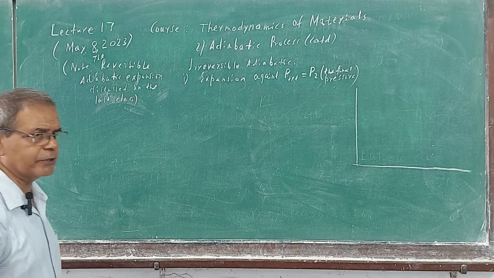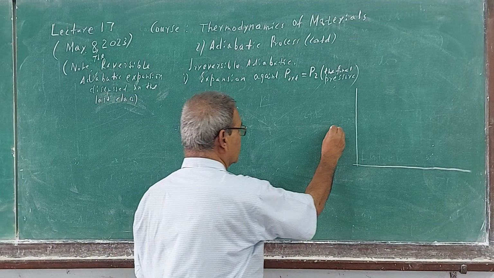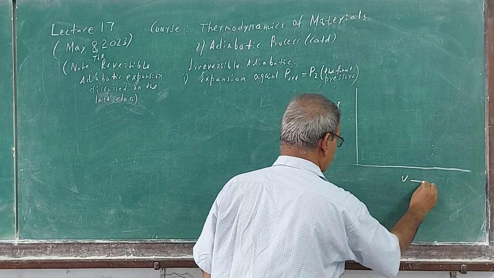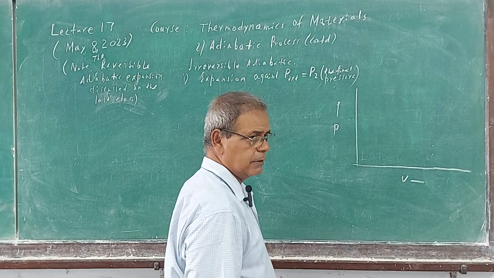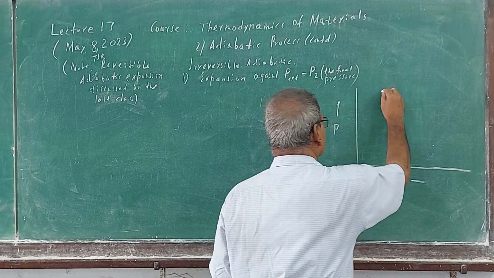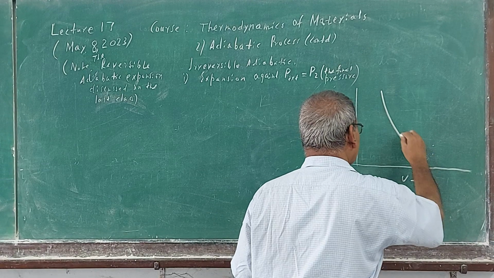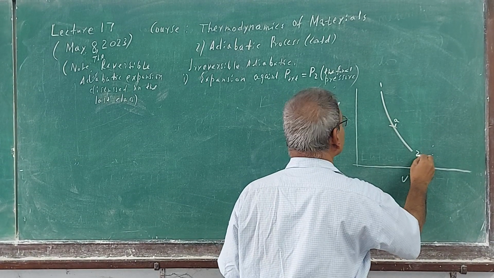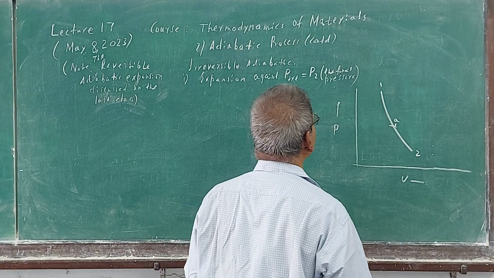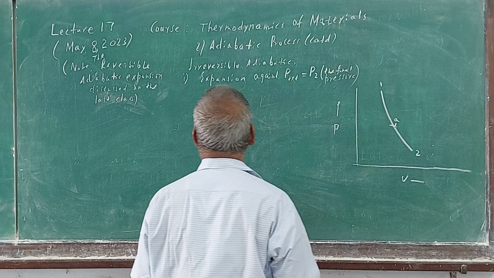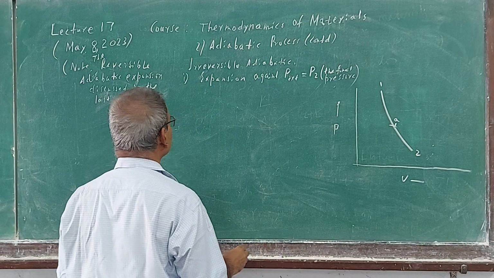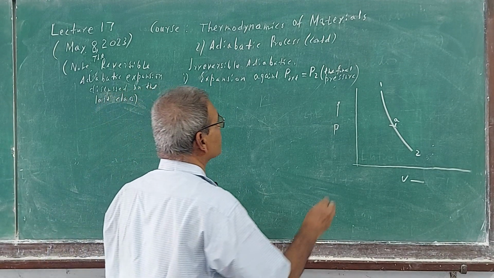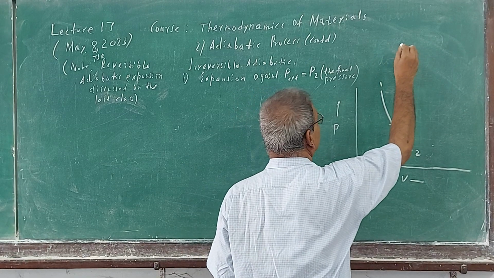So for comparison, I am sketching the reversible one, starting with pressure and volume. First draw the reversible. Just what we got. This is the reversible diagram. 1, A, 2. Write somewhere right here.